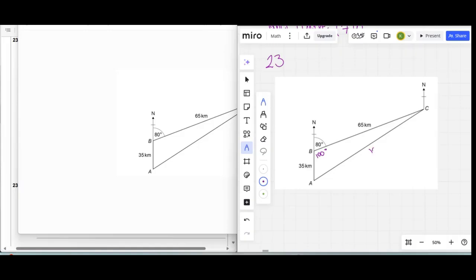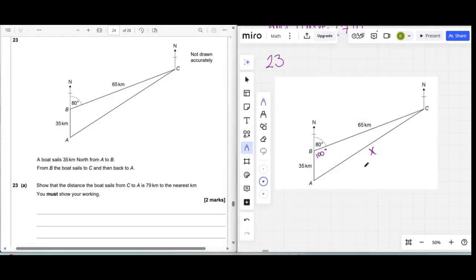And this is our unknown x, and we need to find that x. Now, which formula should we use? Pythagoras? No.